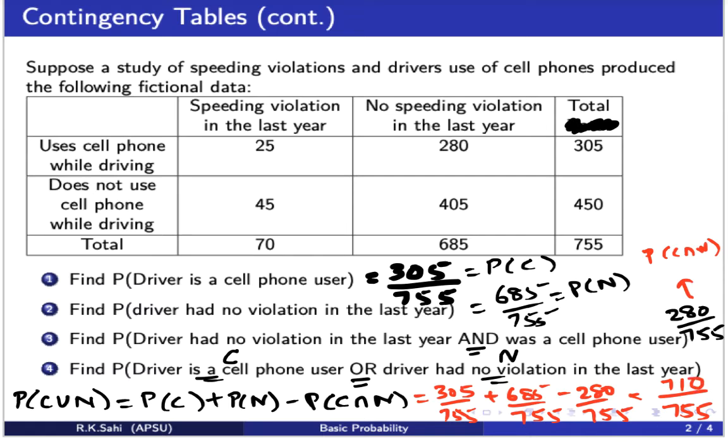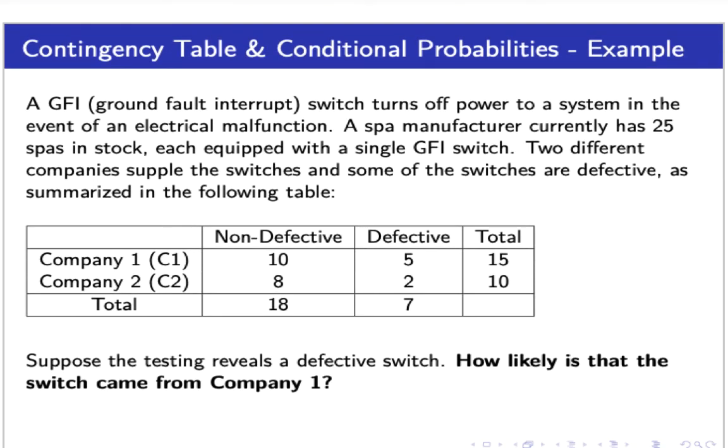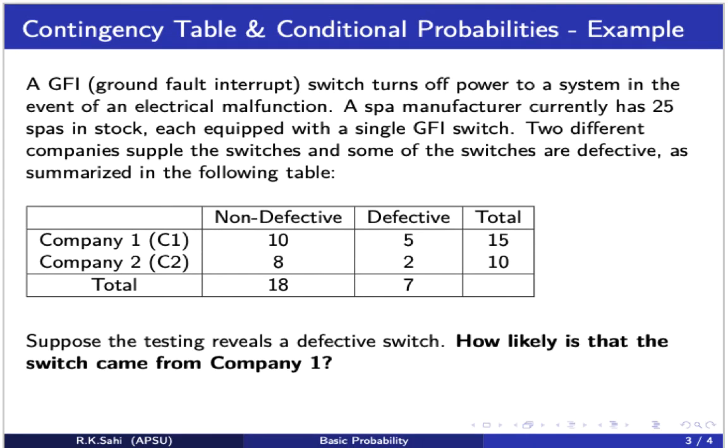Okay, the very last example uses contingency tables and conditional probabilities. Very important for us. So let's read the problem. A ground fault interrupt switch, so that means a GFI, I'm going to say that every time now. A GFI switch turns off power to a system in the event of an electrical malfunction.